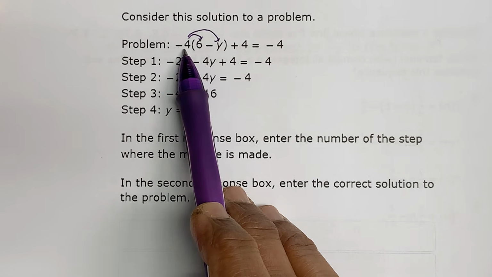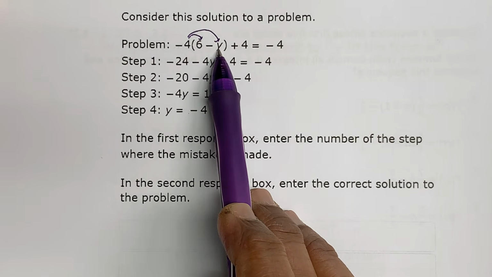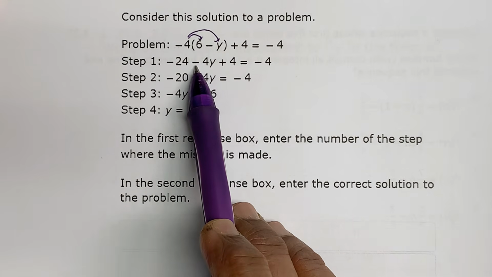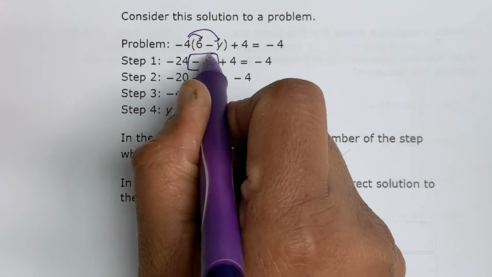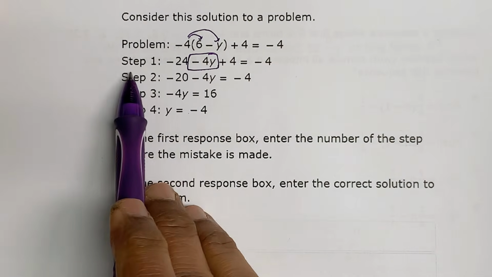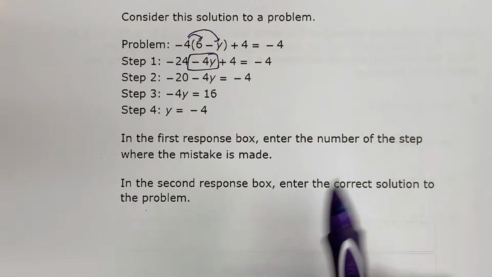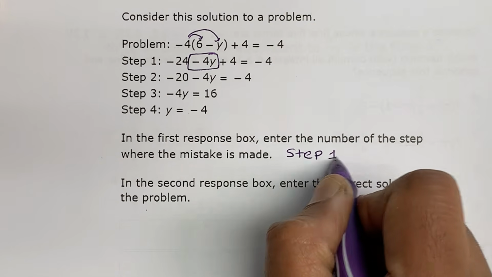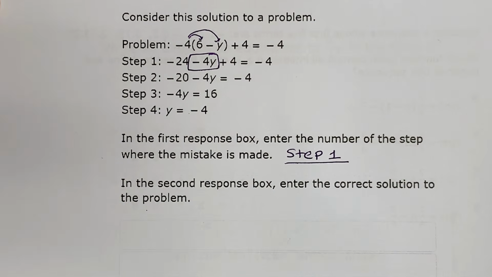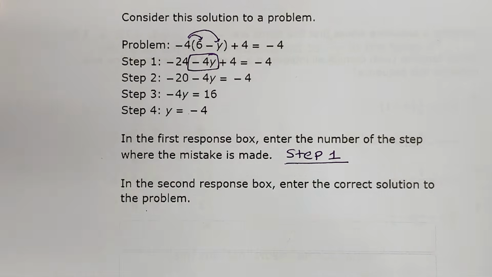However, in the next step, negative 4 times negative y should have been a positive 4y. So right there is a mistake. In step 1 itself there is a mistake, which we're going to fix. The answer to this question is step 1. That should have been a plus 4y.